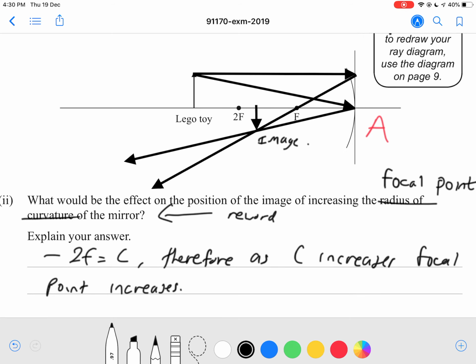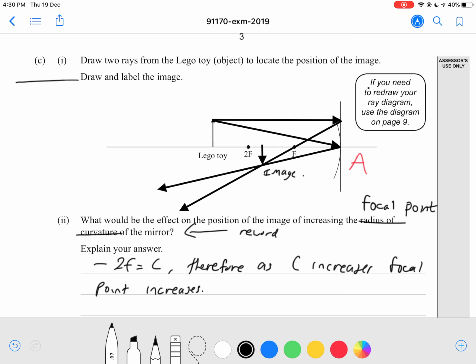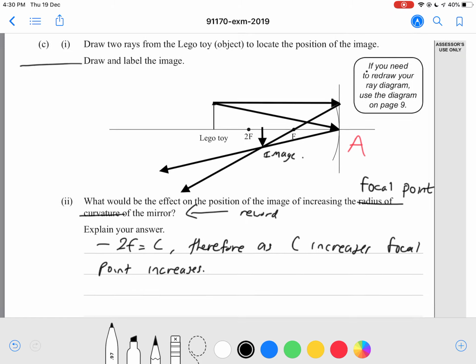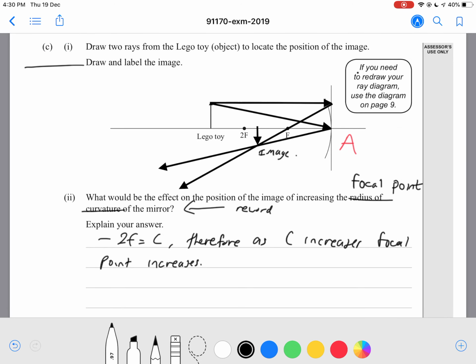So first things first, in CI, you can see that when the toy is outside the center of curvature, so it's really far outside, that's going to produce a diminished, inverted, and real image. However, as the position of the focal point increases, when the Lego toy is on the focal point, then there's actually no image formed.